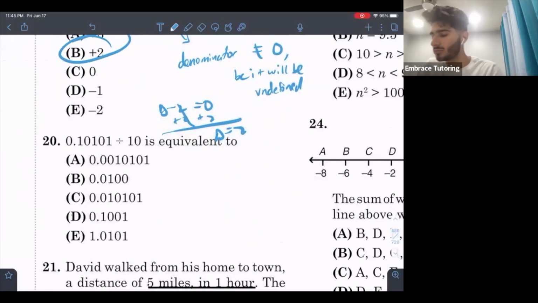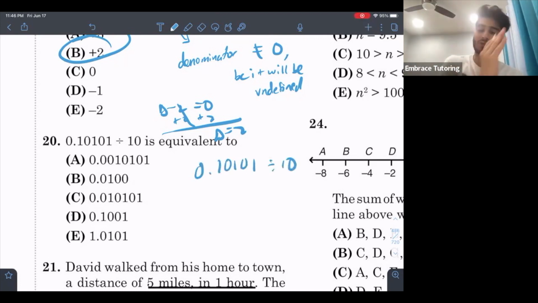Another division problem: 0.10101 divided by 10. If it's 0.10101 divided by 10, just move the decimal another place to the left.